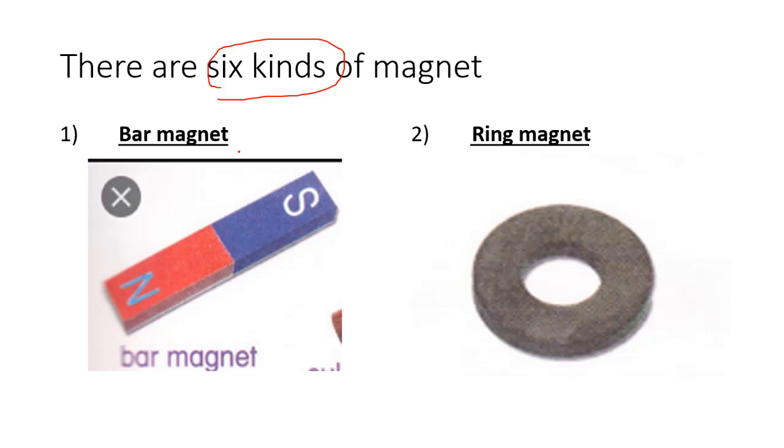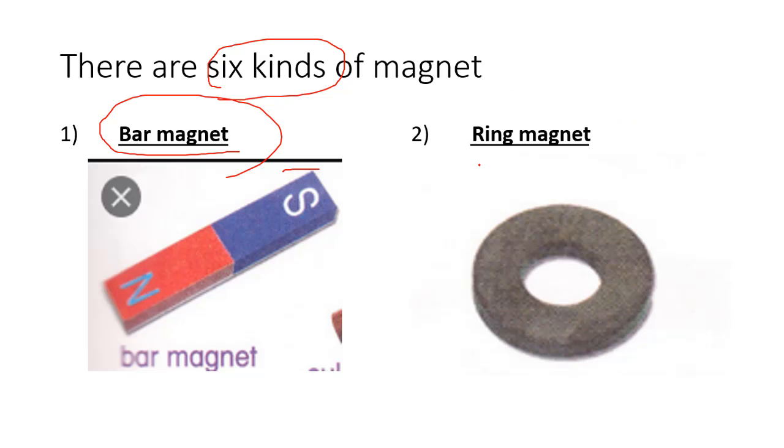So this is the bar magnet. It looks like a bar and it has the North Pole and the South Pole. Remember I talked about this. Every magnet has a South Pole and a North Pole.